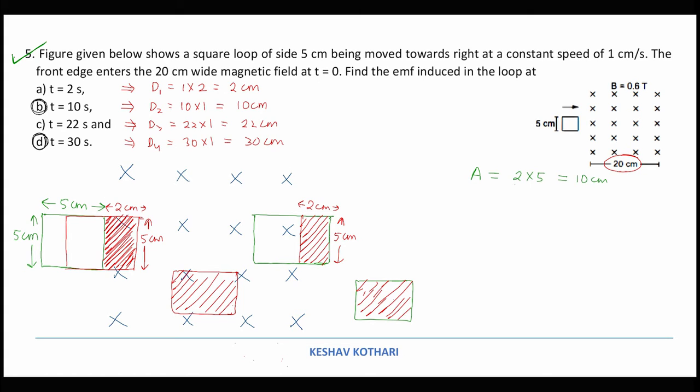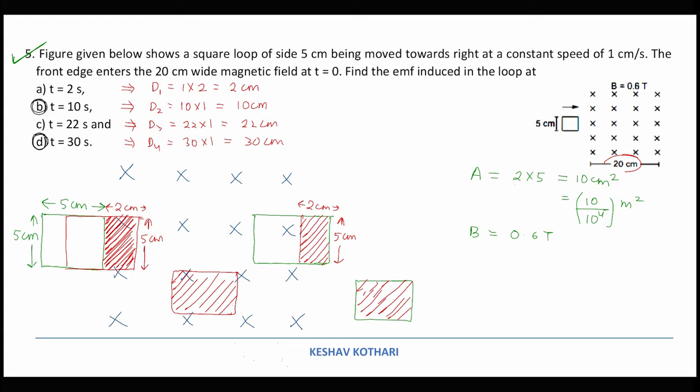So we can convert it into meter square. So we have 10 centimeter square. So we can write it as 10 upon 10 to the power 4 of meter square. And the value of magnetic field which it enters is equal to 0.6 Tesla.